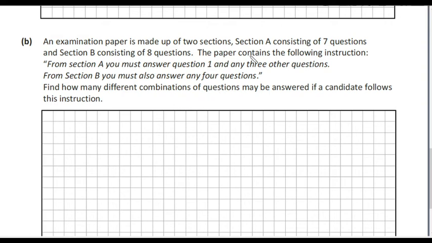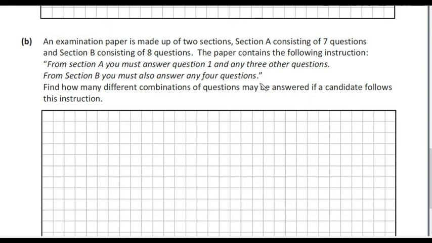So let's say the questions were numbered 1 to 7 in section A, and then 8, 9, 10, 11, 12 and so on in section B. So we must answer question 1 from section A, but then we can choose the rest of the questions from section A, as long as you do any 3. So you could choose questions 1, 2, 3 and 4, or you could go with 1, 2, 3 and 5, or 1, 2, 3 and 6, or 1, 4, 5, 6, or 1, 4, 5 and 7.